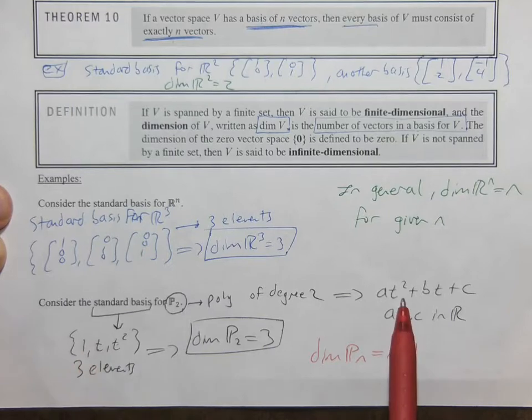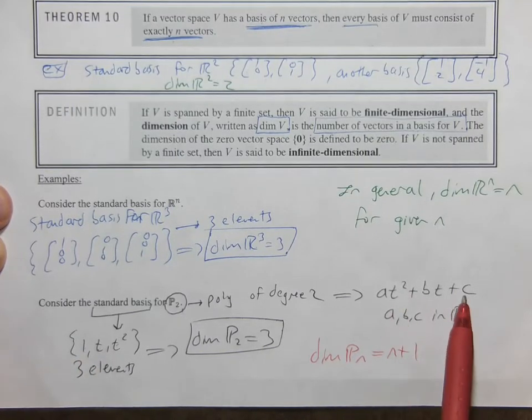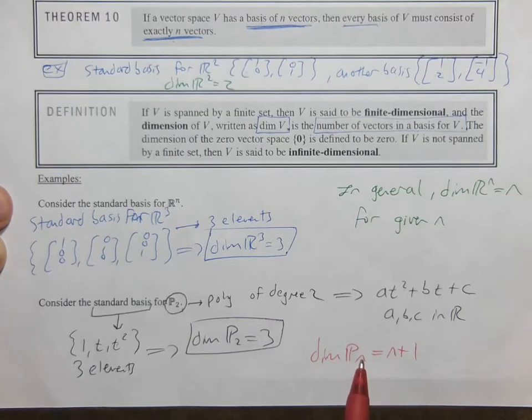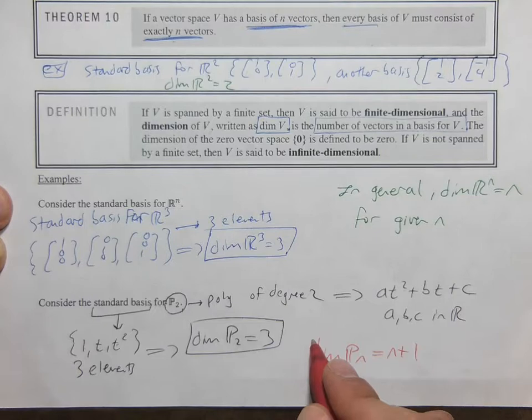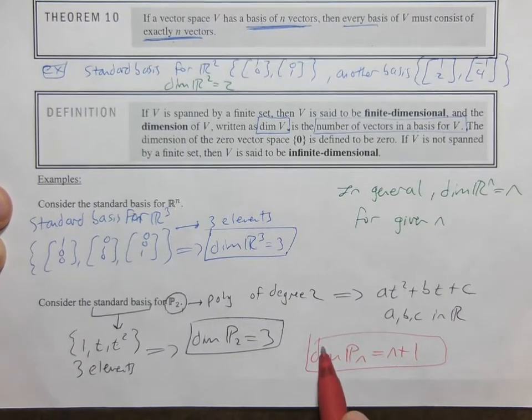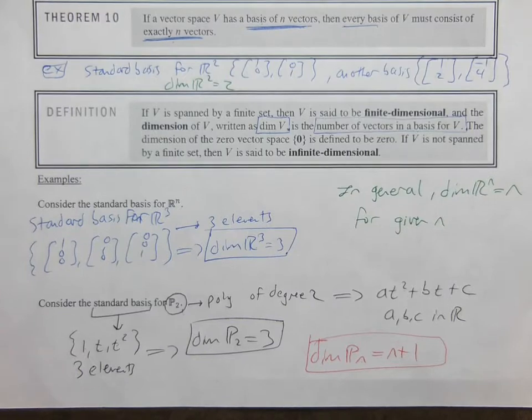So for example, if you want to make a degree 2 polynomial like this one, you need the square term, the t term, and the constant. And so you need 3 elements to make a degree 2, right? You'll need 4 elements to make a degree 3. You'll need 5 elements to make a degree 4. You need 1 more basis element than the degree. Okay.